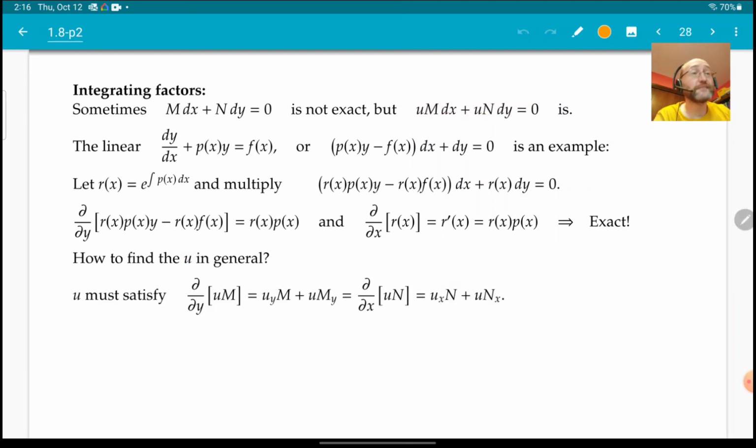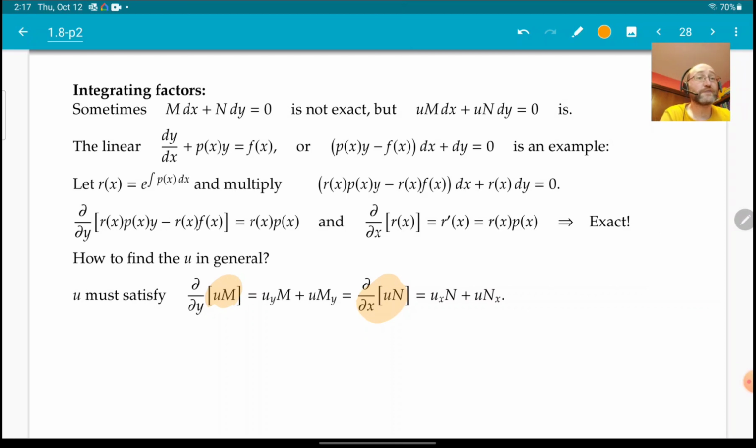And so what does it have to do? It's supposed to be exact, right? So if we differentiate u times m in y, we're supposed to get the same thing as differentiating u times n in x, right? Well, what is this derivative? This is just product rule.